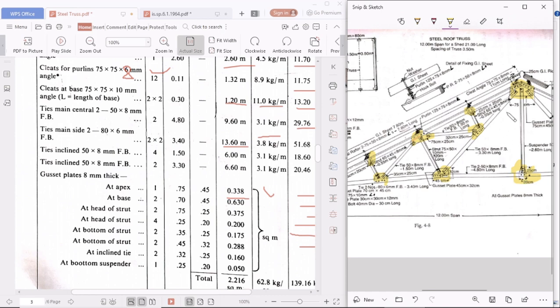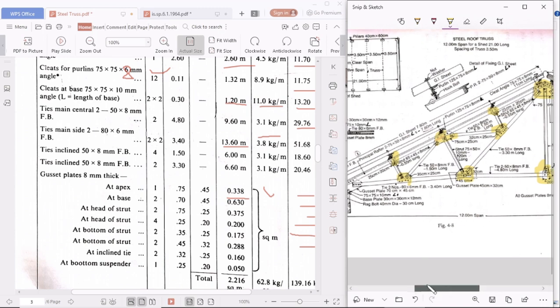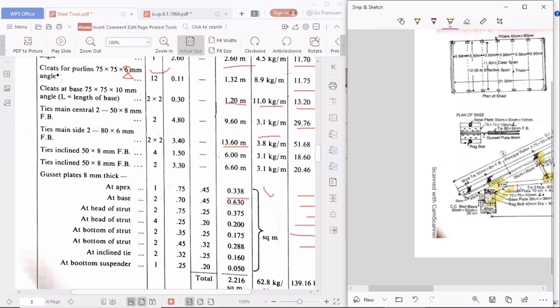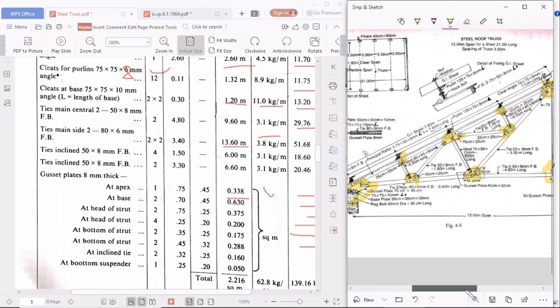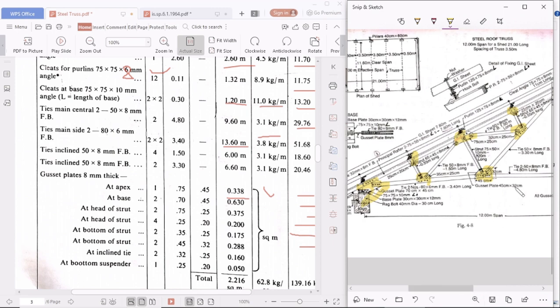So what about the number? So here the gusset plate at the principal rafter apex is 1. But what about the base? We have two bases here on the base, and that side section also one base. So two bases, right? At the head of the strut we need two, one, another section 1, 2. Okay, this also you please keep in consideration.